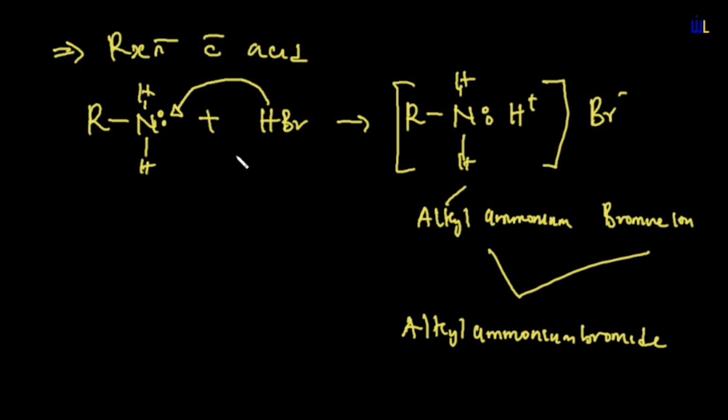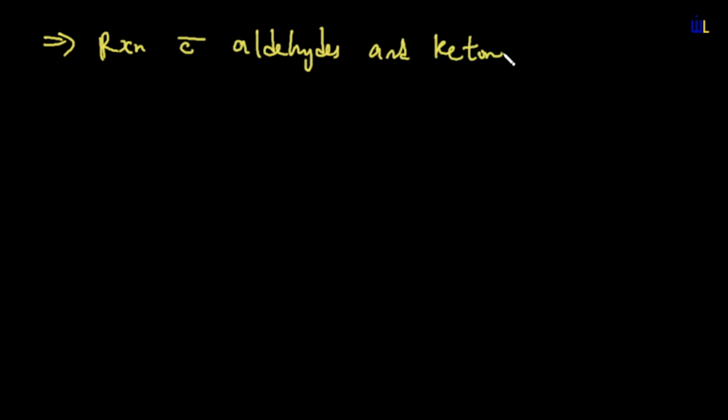So let's go to the second type of addition reaction that occurs in amines, and that is the reaction with aldehydes and ketones. For you to be able to understand this, let's clear the air about what aldehydes are. Aldehydes are organic compounds that possess terminally positioned carbonyl group.